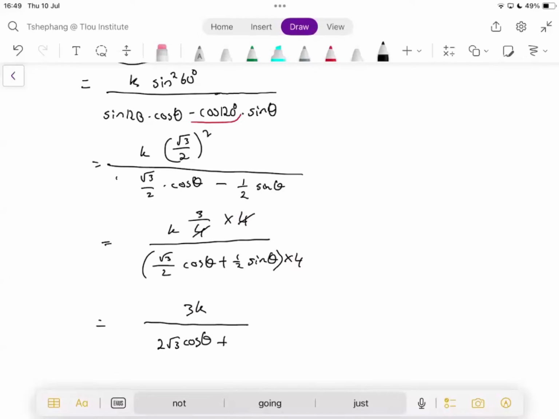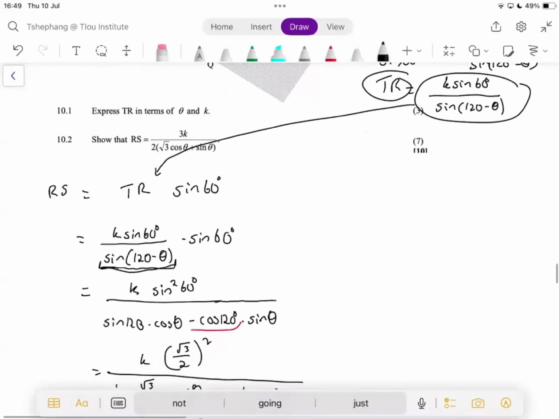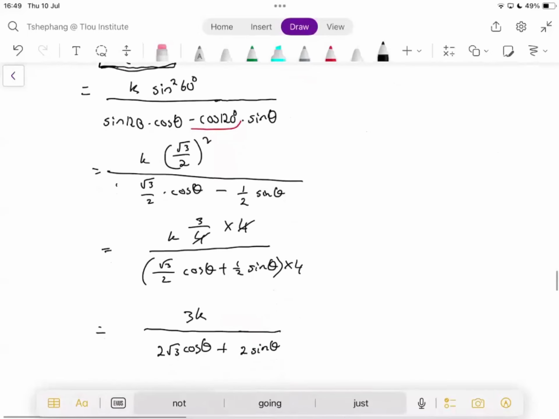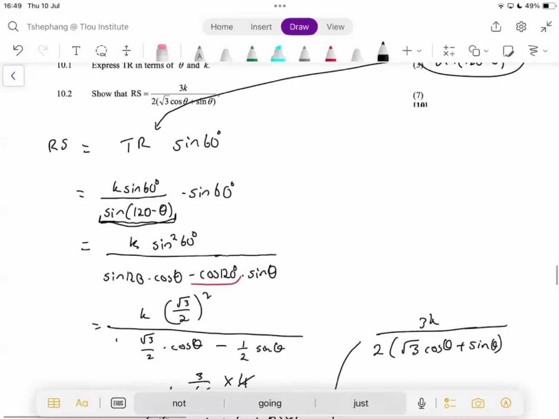What is 4 multiplied by half? 2 sine of theta. Is this what they were looking for? No, but we are almost there. We just need to take out a common factor of 2. So on top, you still have 3k. Take out 2 as a common factor. You have root 3 cos of theta plus sine of theta in a bracket. Let's check. Are these exactly the same? They are, which means that this is the correct answer.